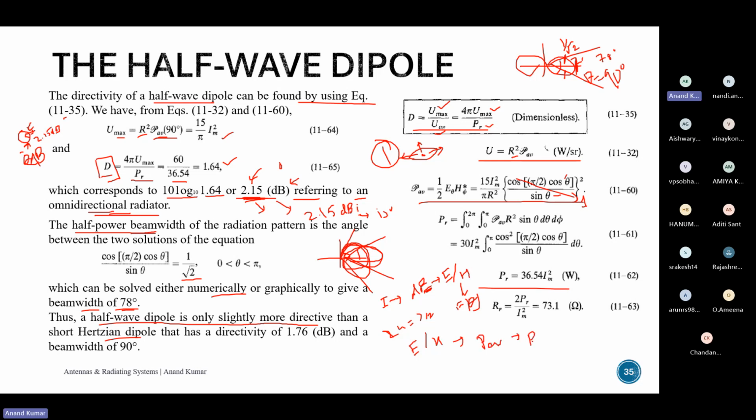Then we calculated the total radiated power. From the total radiated power, we found out the radiation resistance.